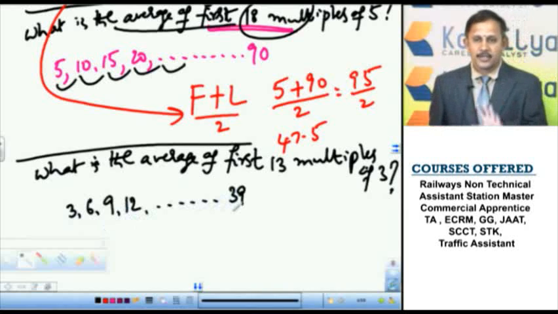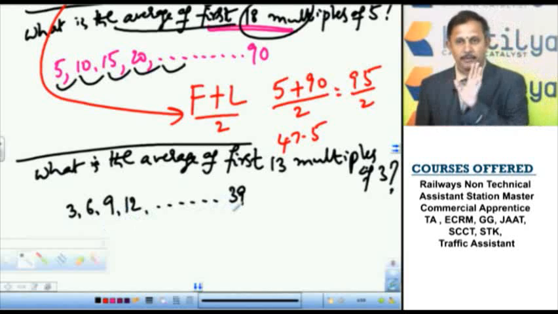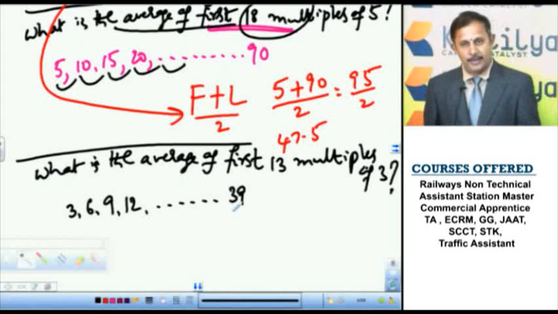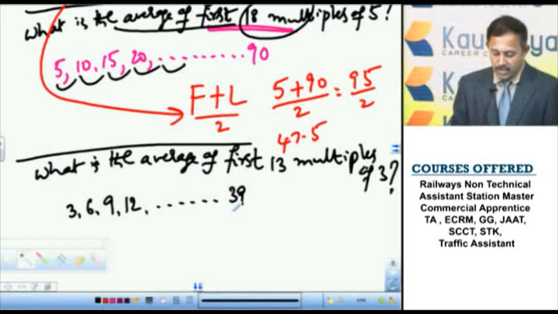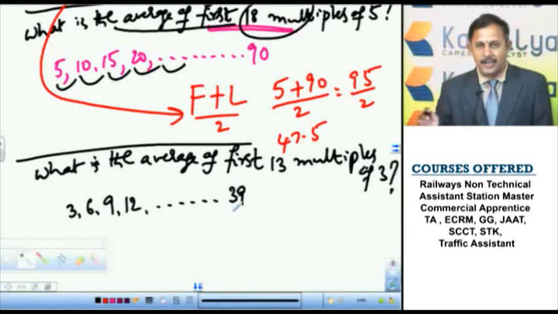So we have to consider 13 elements, and all these 13 elements must be multiples of 3, right? So 3 into 1, first number, 3 into 2, second number, 3 into 3, third number. So like that we have to consider 13 elements, 3 into 13. So here also it is not necessary to calculate the total and then divide with the number of elements, 13.